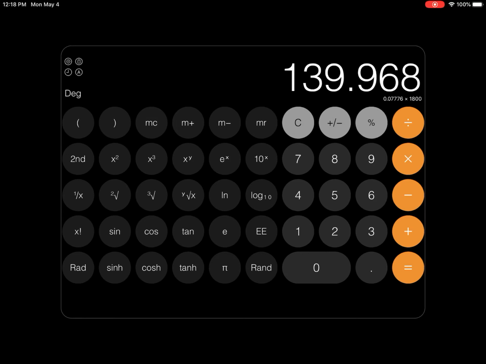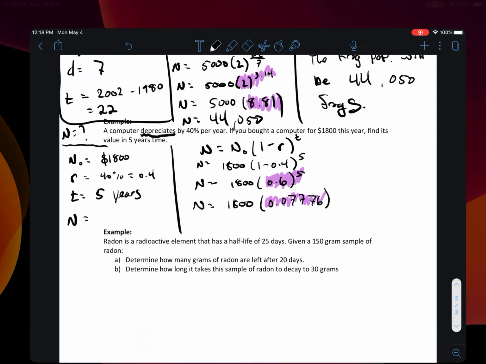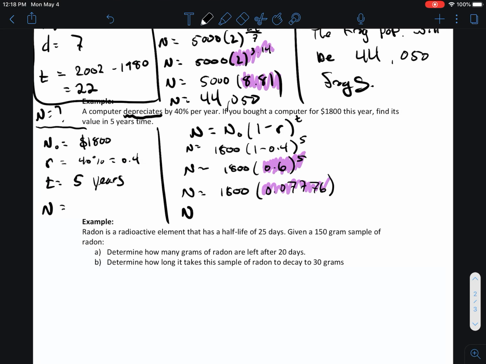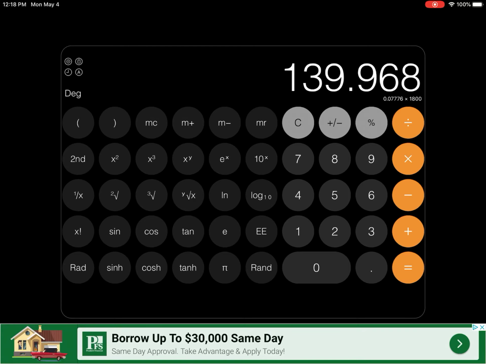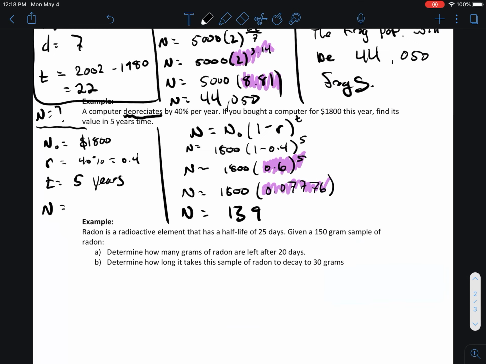So you're going to take 1,800 and take this number that we found, and multiply it by 1,800. Wow. 139.97. So it looks like computers are a horrible investment if you're trying to make investments.